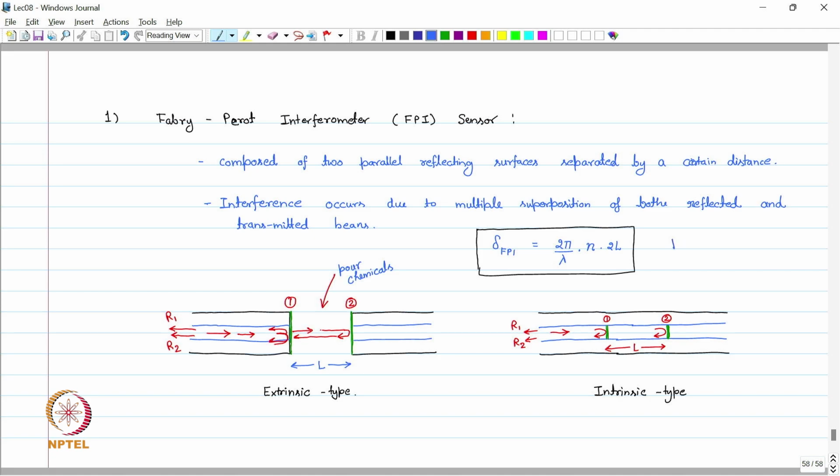Where lambda is the wavelength of incident light, eta is the refractive index of the cavity material, and L is the physical length of the cavity.